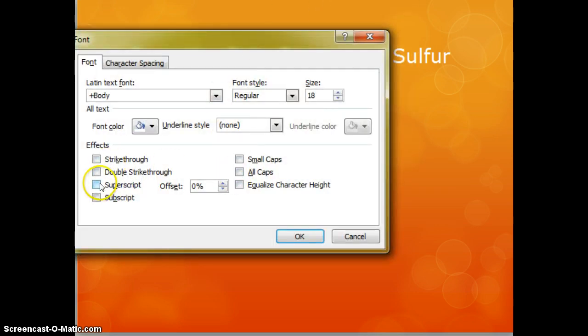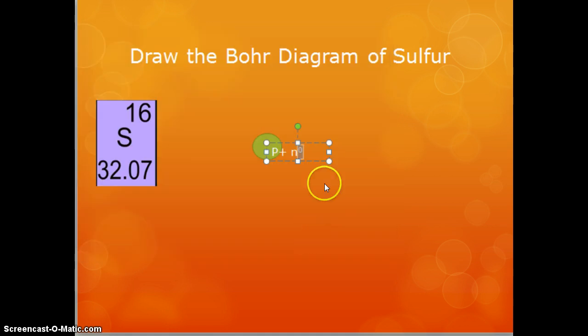And so that is why you'll see I'm putting it as a superscript. A lot of times it's n to the 0 power. All right, so that's our nucleus. That's in the center. We have our 16 protons and our 16 neutrons.